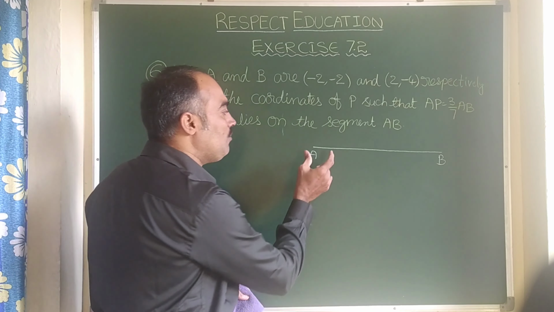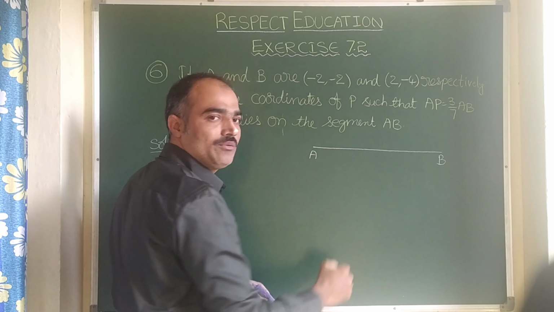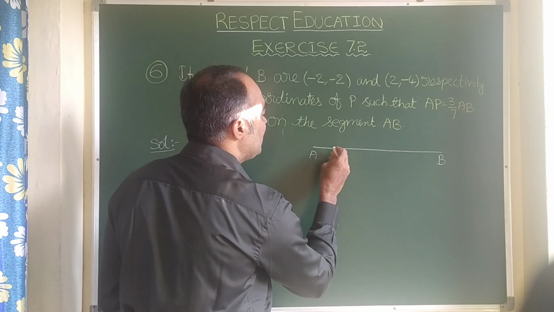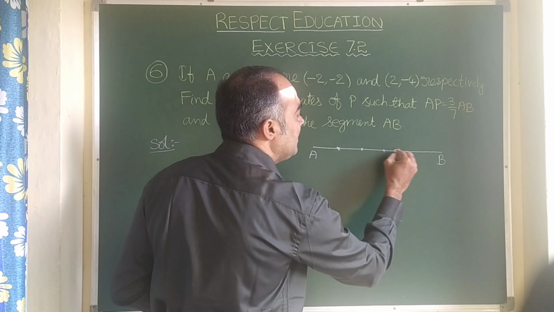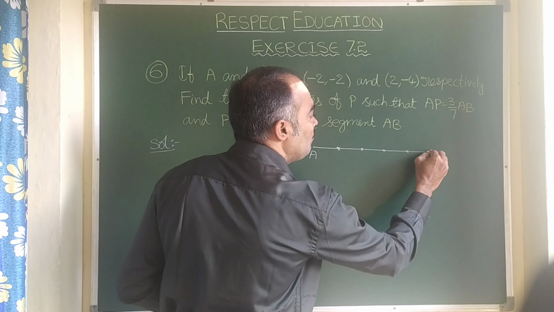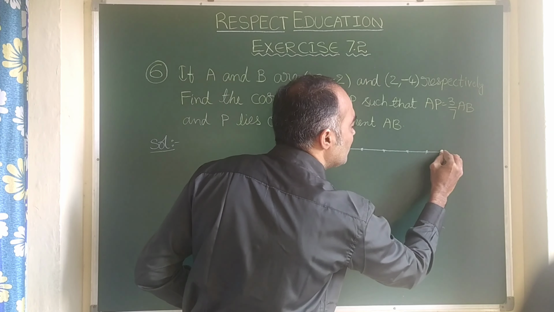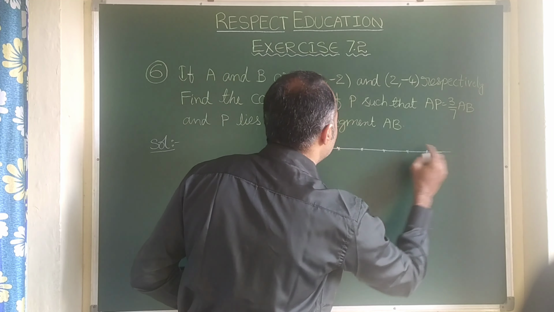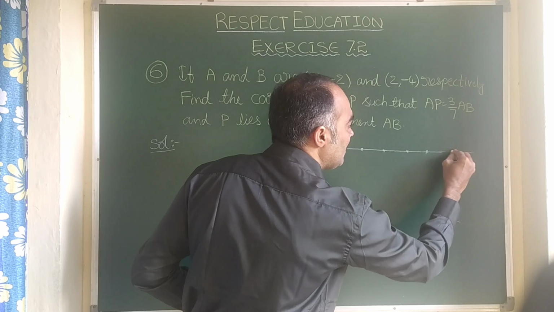Right? 7 equal parts in the sense we need to take 6 points. 6 points will make 7 equal parts. I will show you how it is. See here first 1, 2, 3, 4, 5. Here as there is no place, a little bit I am extending. So till here, okay. So 1, 2, 3, 4, 5, 6 and one more part is required.